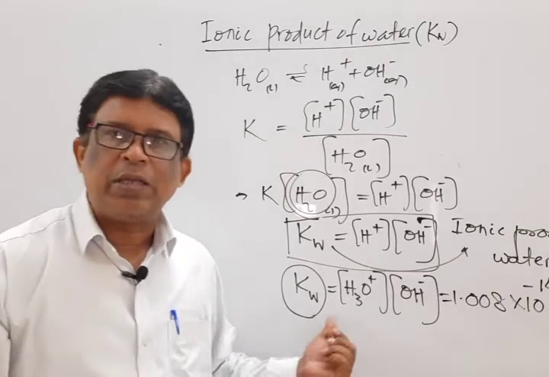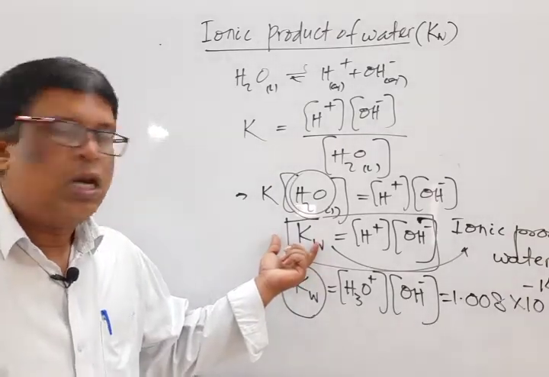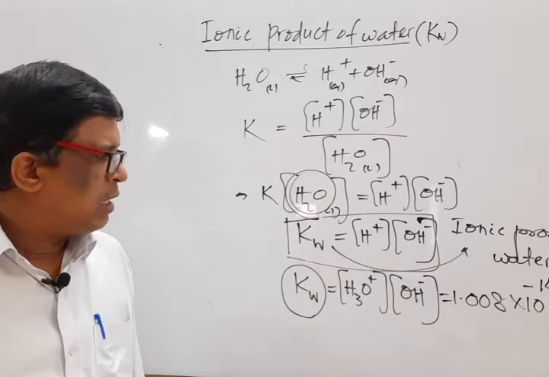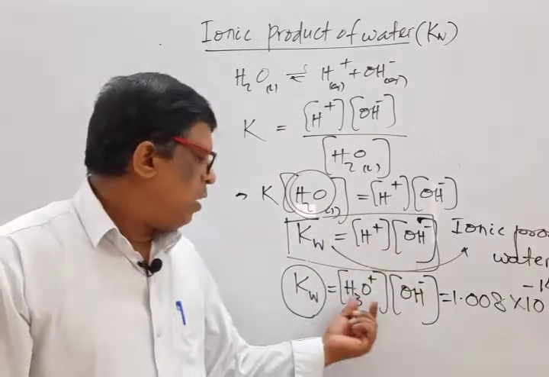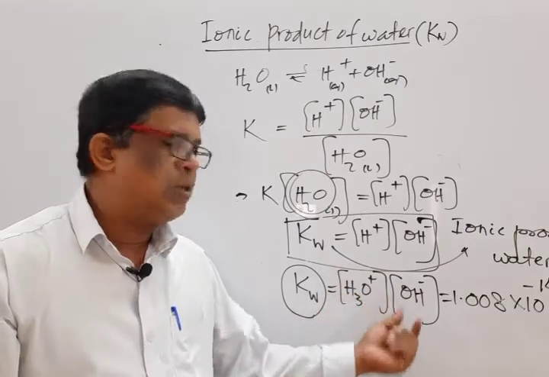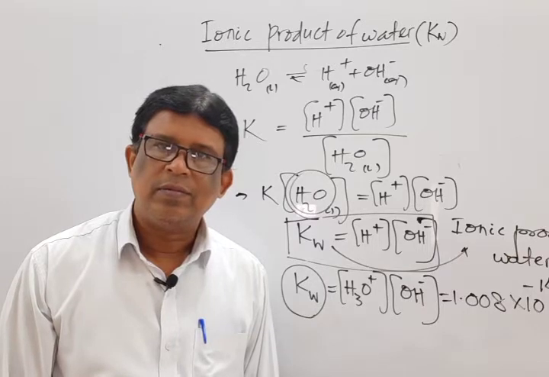So from this expression also it is clear that the ionic product of water is defined as the product of molar concentration of H plus ion into OH minus ion, or the H3O plus ion concentration into OH minus ion concentration. Okay.